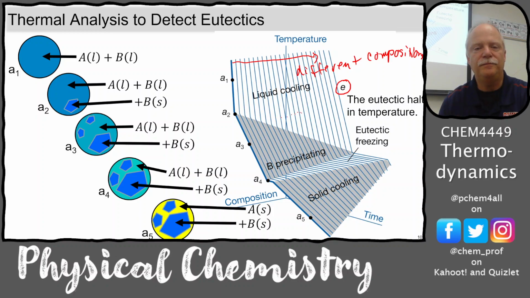Now look at what we've got here too. Over time, we're cooling this down at a particular rate, and notice that the liquid has a different rate of cooling than when B is precipitating. And so these are the different heat capacities. Okay, so we're pulling energy out at a certain rate, so many joules per second, and the energy coming out of a solid is a little different than the energy coming out of a liquid.